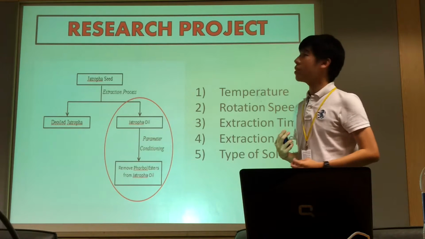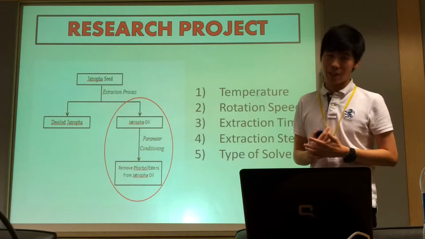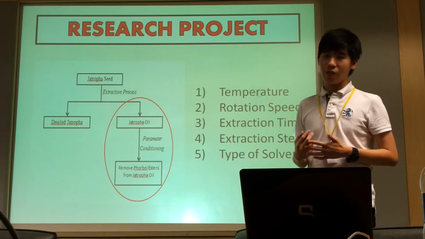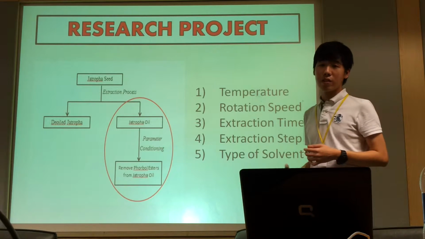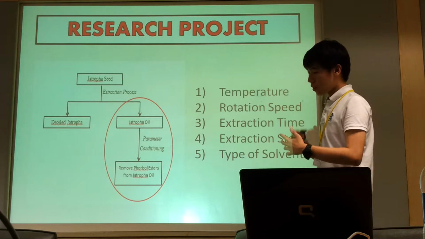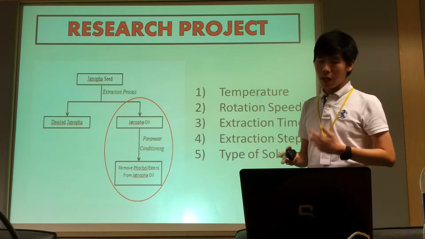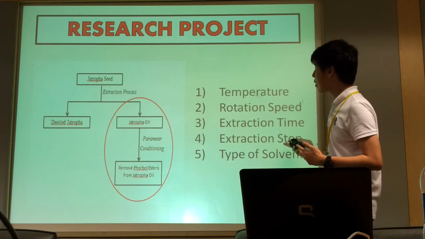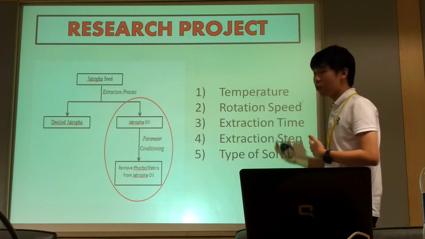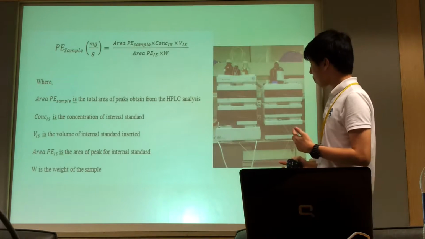is titled Investigation of Parameters Affecting the Phorbol Ester Extraction from Jatropha. These are the 5 variables that we will be conducting. This research project, I'm conducting it right now, so therefore, based on the variables, we are actually improving the phorbol ester extraction.